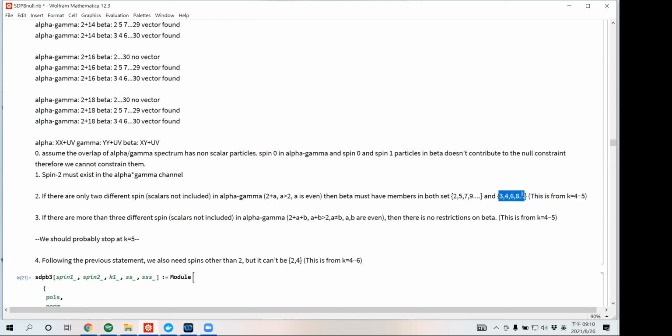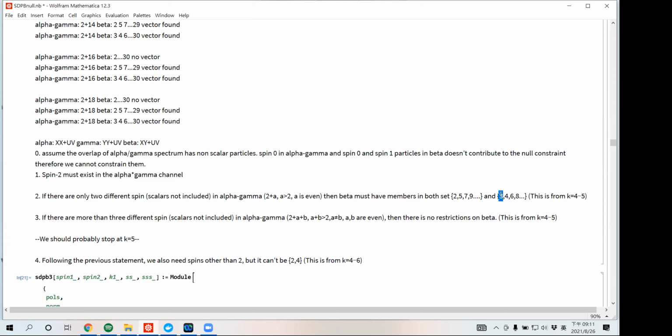This means that if I only have spin 2, spin 5, spin 7, then this doesn't work. I have to have members from this set too. So, for example, spin 2 and spin 3.